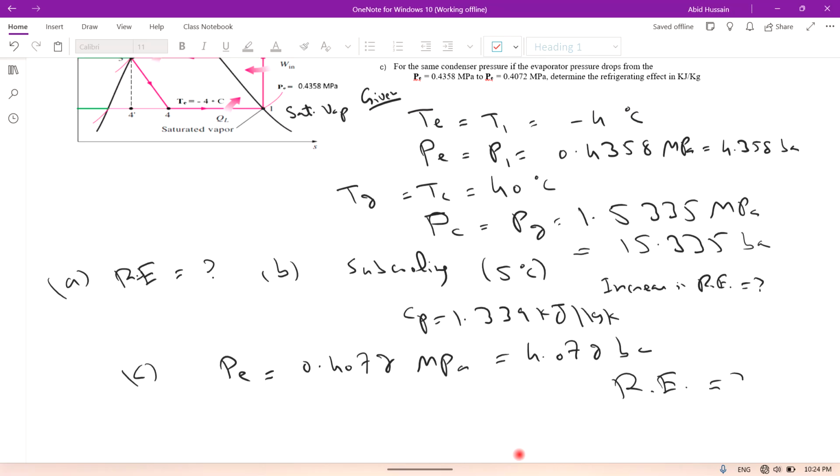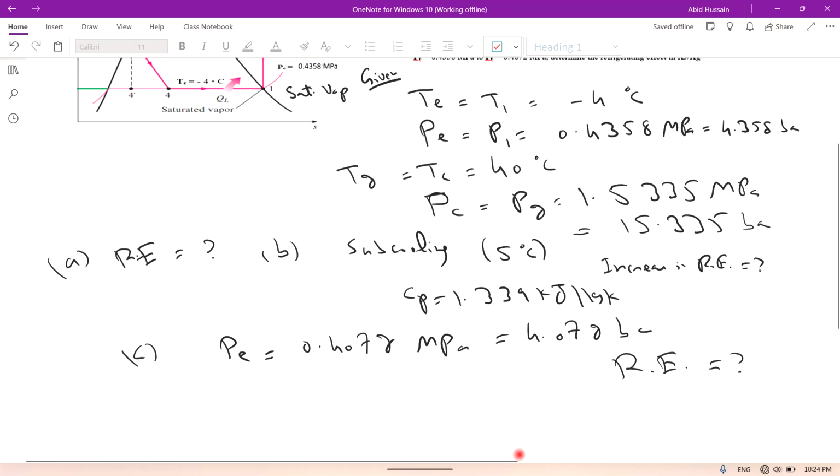It means that in 3 parts the refrigeration effect is required. In the first part, when there is no subcooling, find the refrigeration effect. In part B, if subcooling is up to 5 degrees centigrade, find the refrigeration effect and the increase in refrigeration effect. And in part C, if the pressure in the evaporator is dropped and the condenser pressure is the same, find the refrigeration effect.